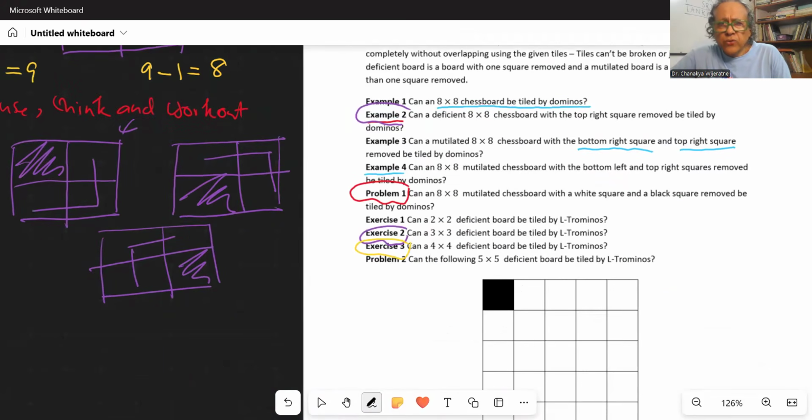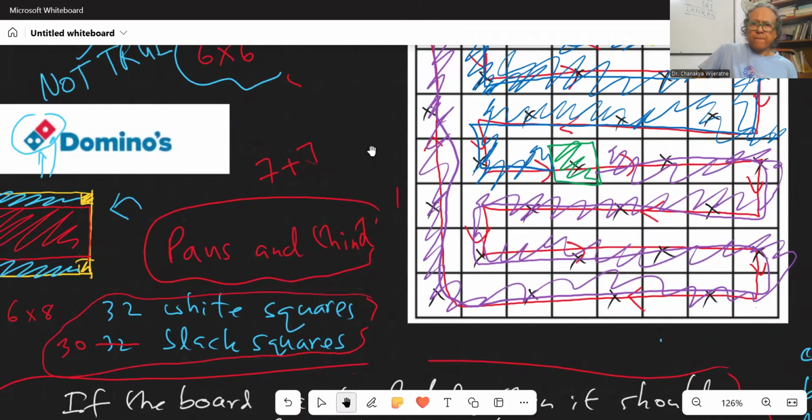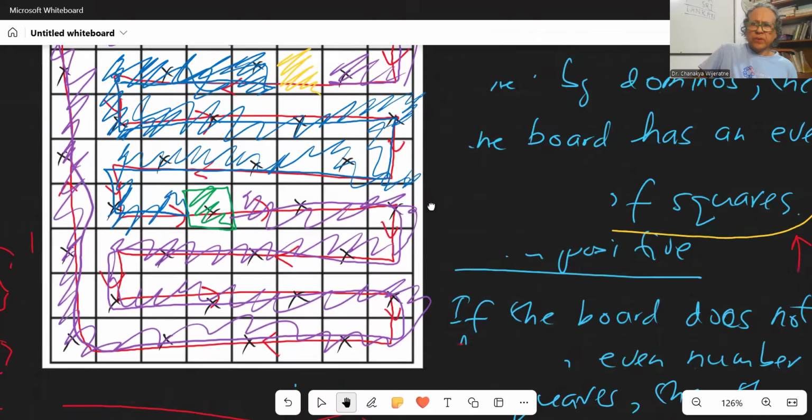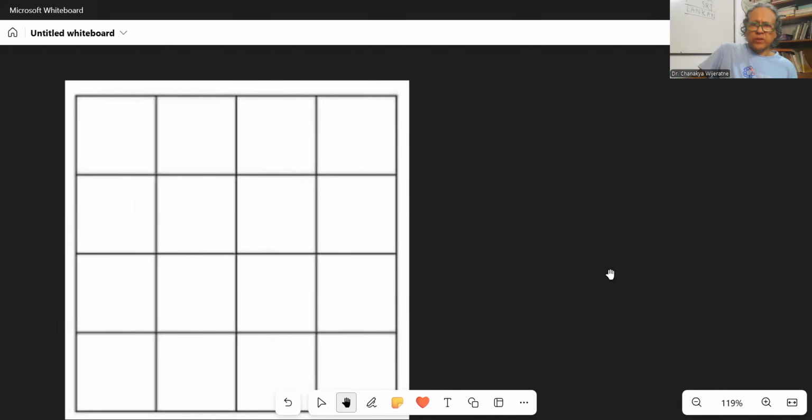Can a 4 by 4 deficient board be tiled by L-trominoes? So let's take a 4 by 4 board, right? So here is a 4 by 4 board.